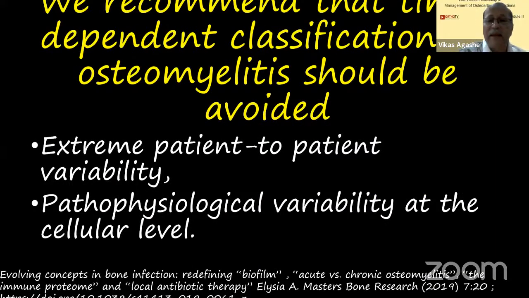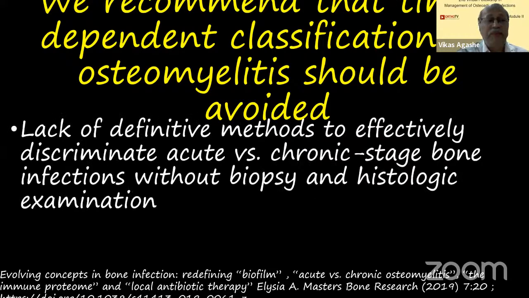Therefore, the authors say that we must avoid this time-dependent classification of osteomyelitis. That means we should not say it is acute osteomyelitis or chronic osteomyelitis, not only because there is no appropriate literature evidence, but because there is extreme patient-to-patient variation and pathological variability at the cellular level.